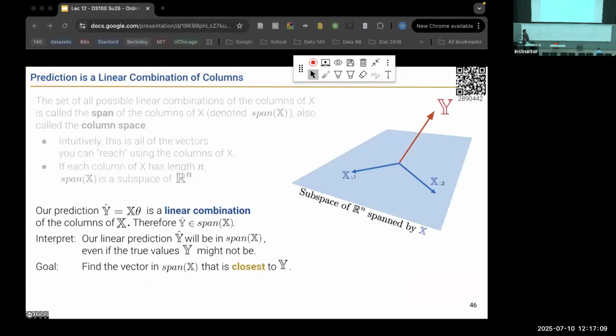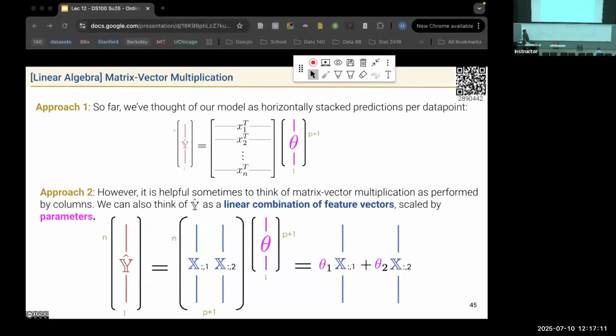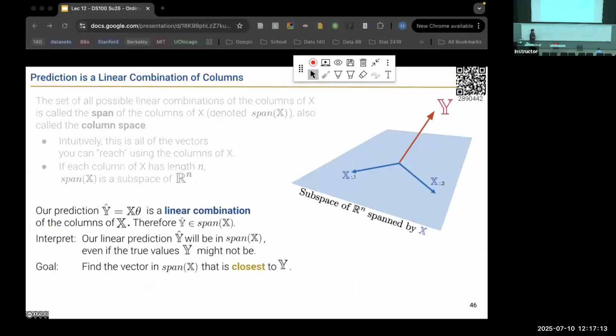So why am I bringing this up? Well, here's the deal. My prediction y hat can be written as X theta.